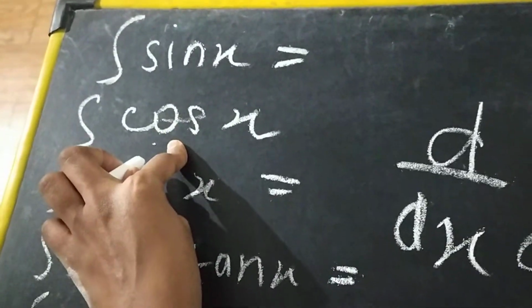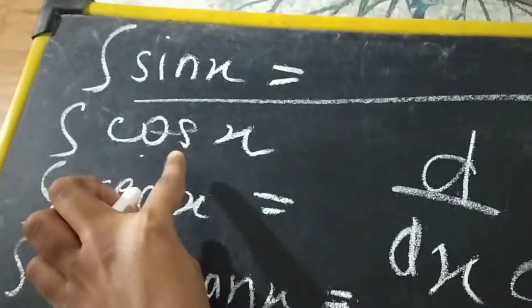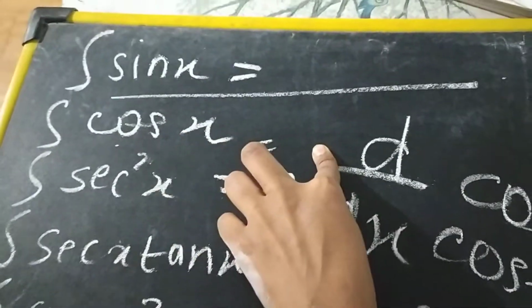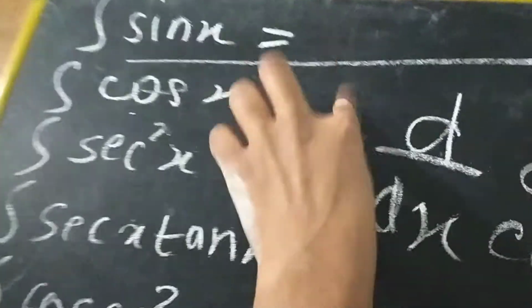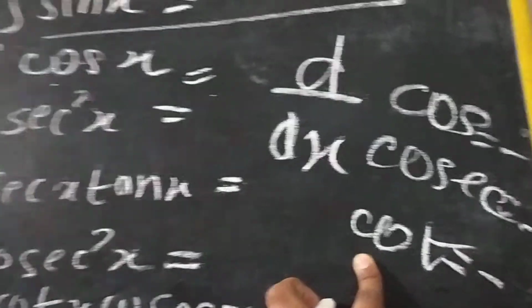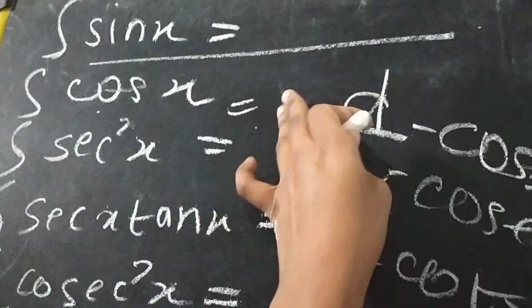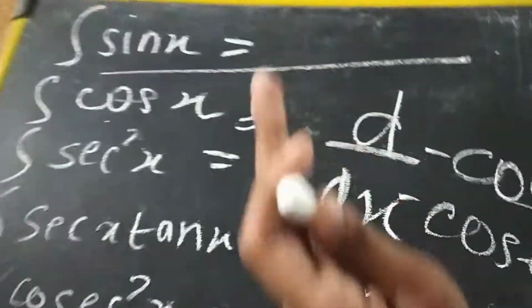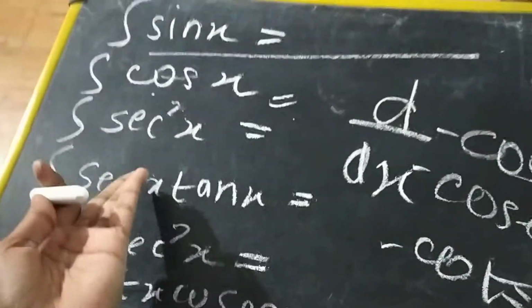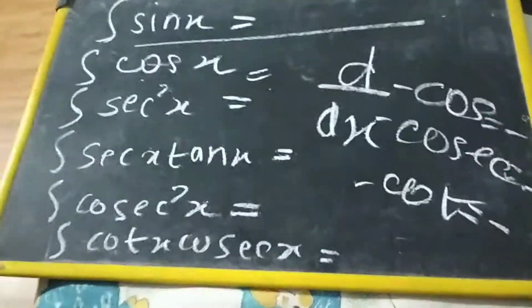In the integration of these, you have to add the negative sign on this side rather than this side. You know what I'm saying? Okay, let me just write all these answers, then you will get what I'm saying.